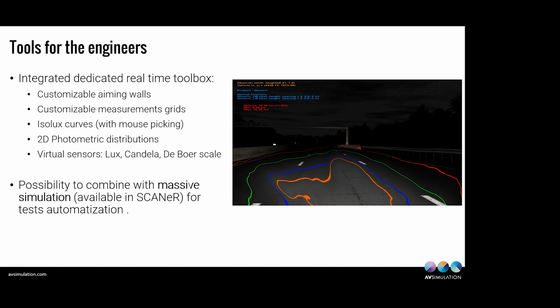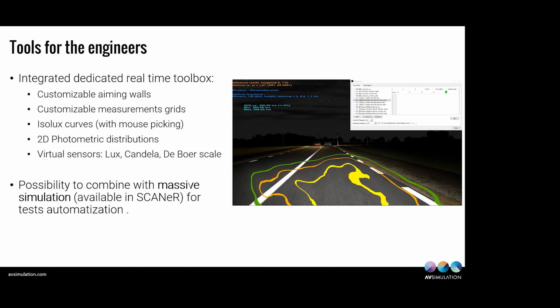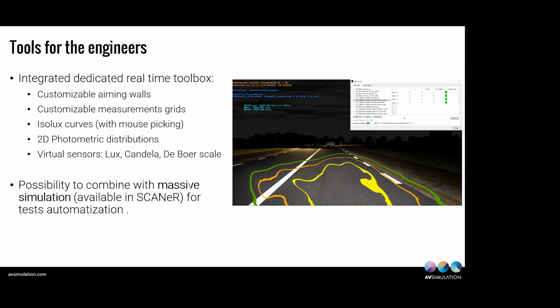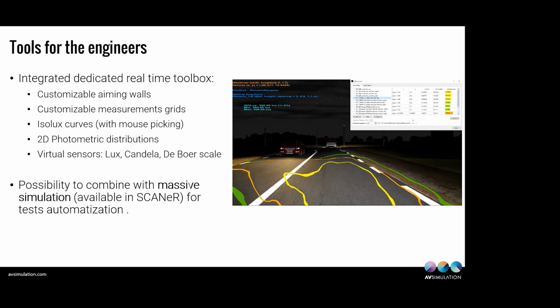We have 2D photometric distributions, so we're able to generate those from the photometries of the different kinds of headlamps products. And also we have virtual sensors that will display the quantity of lux, of candela and the De Boer scale live on each virtual sensor placed on the scene.